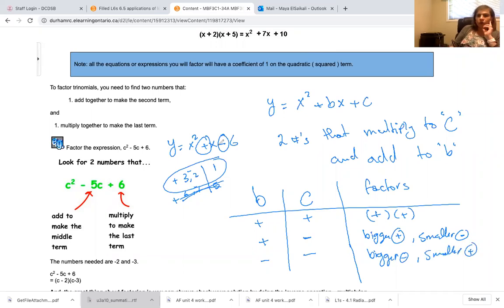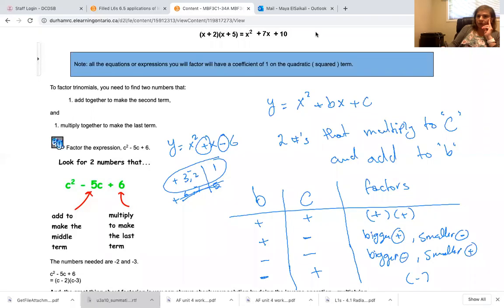Okay, so if I have a negative here, and a negative for the x, then negative 3 plus 2, that gives me a negative 1. If b is negative and c is positive, then both answers are negative, okay? Because negative times negative gives you a positive, and negative plus negative gives you a negative when you add them together, okay?